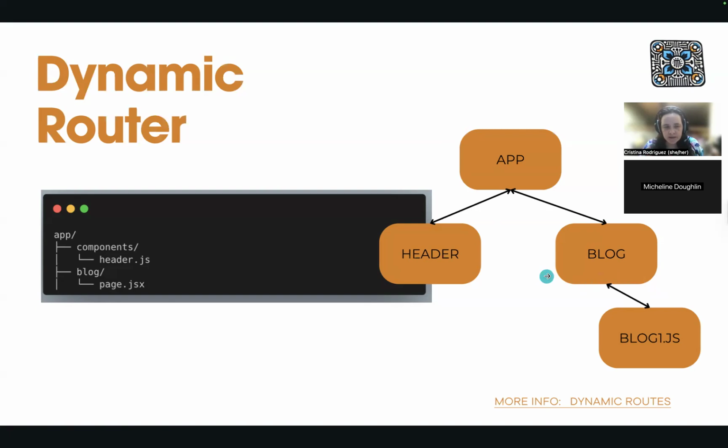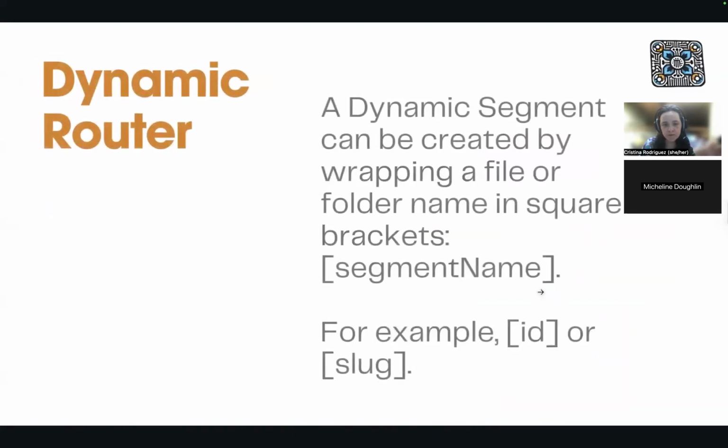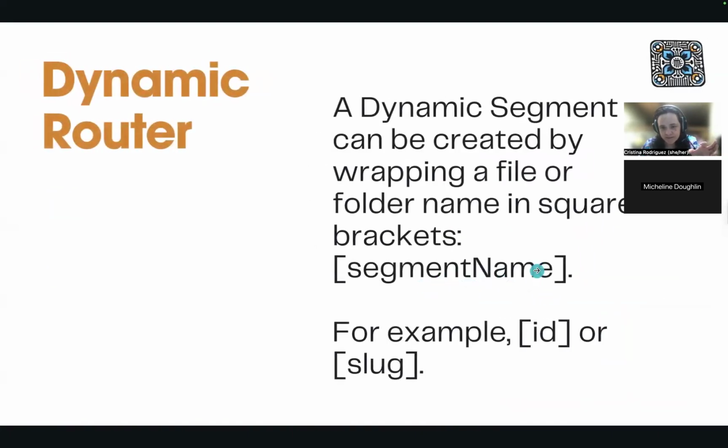It's basically telling the router of Next.js, which is now a built-in function, that it will catch the ID of the blog in this case, or the slug, or whatever variable you want to put there, to convert that into a dynamic route. And how you do that is with the brackets segment. And it's super important to have that.